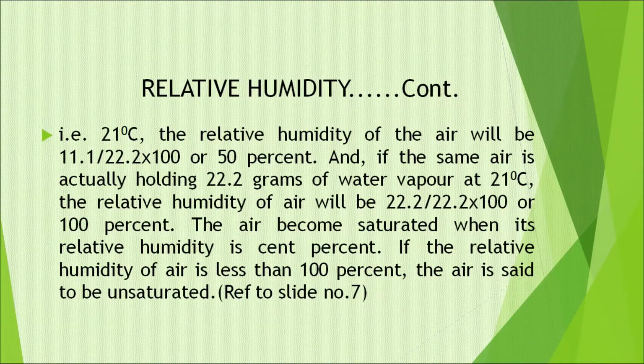And if the same air is actually holding 22.2 grams of water vapor at 21 degrees Celsius, the relative humidity of air will be 22.2 by 22.2 times 100, or 100%. The air becomes saturated when its relative humidity is 100%. If the relative humidity of air is less than 100%, the air is said to be unsaturated.